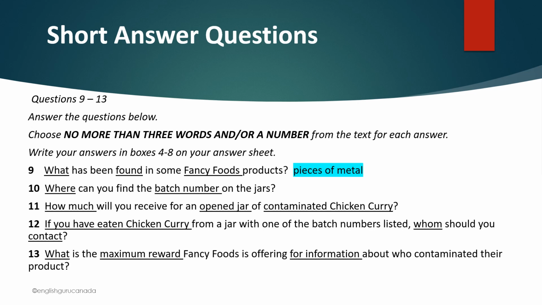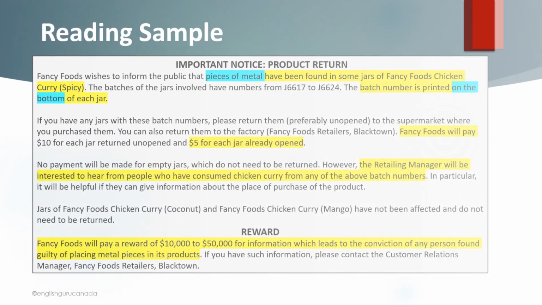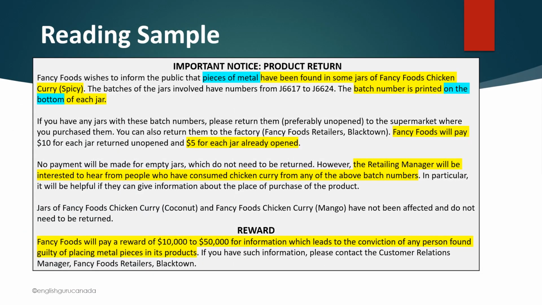Now I read the next question, which is where can you find the batch number on the jars? So I have to look for a place and place of the batch number. So I'll go back to the text, and my second line that I have highlighted is batch number is printed on the bottom of each jar.